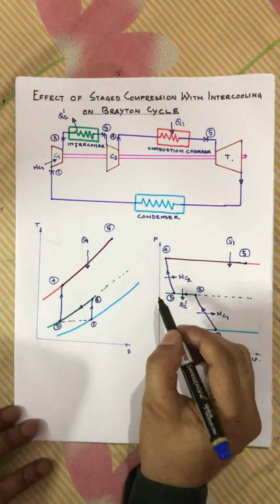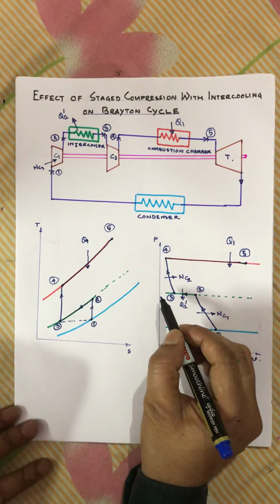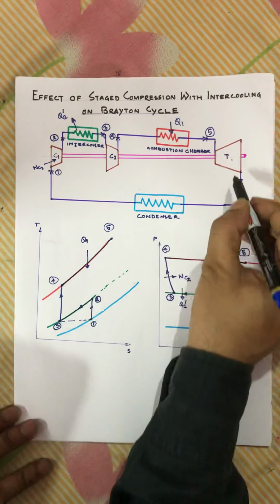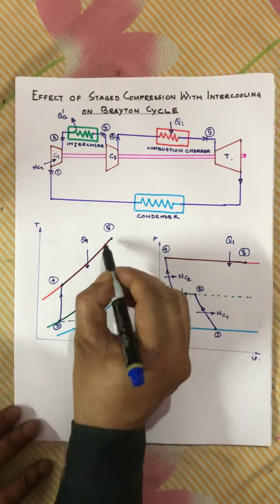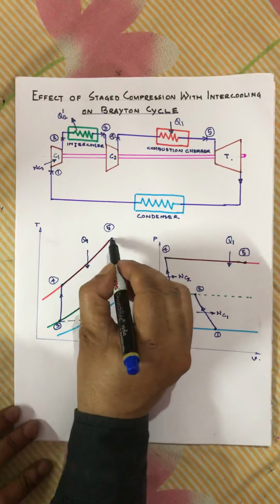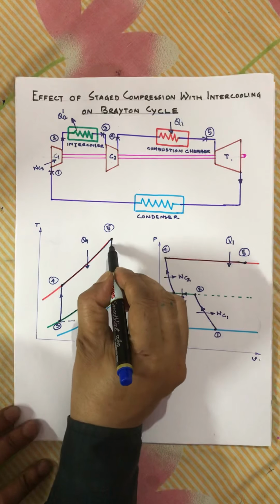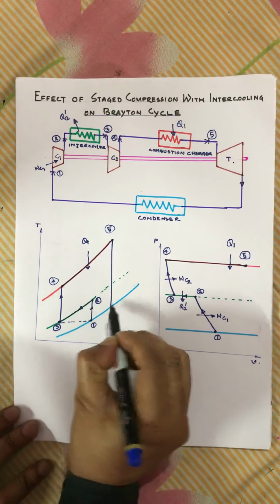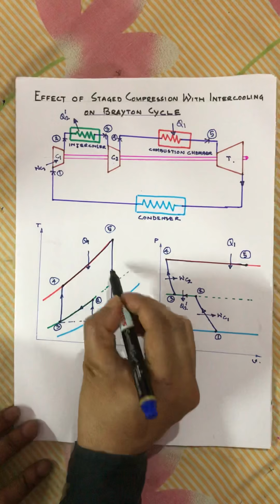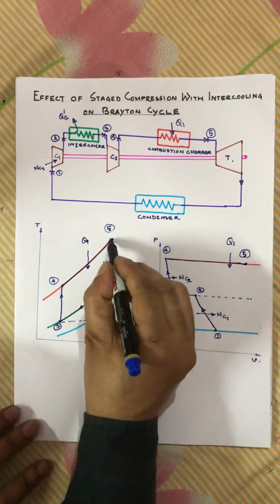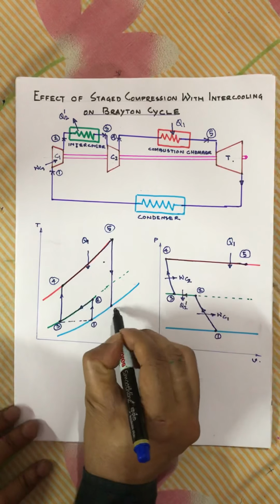And this is a reversible adiabatic expansion process. After expansion through the turbine, some work will be developed by the turbine. So this is the reversible adiabatic process 5 to 6.